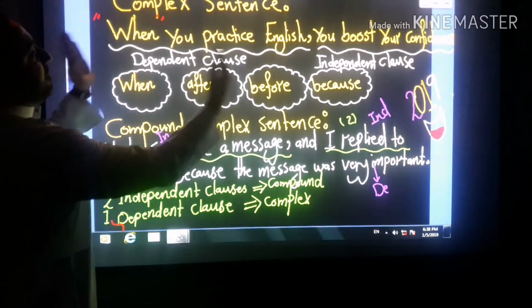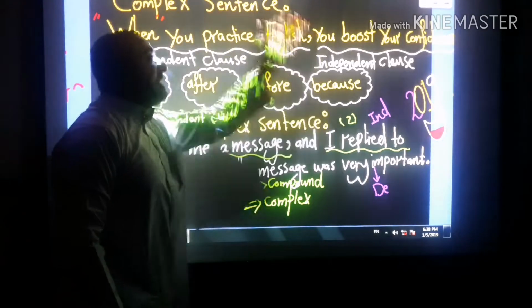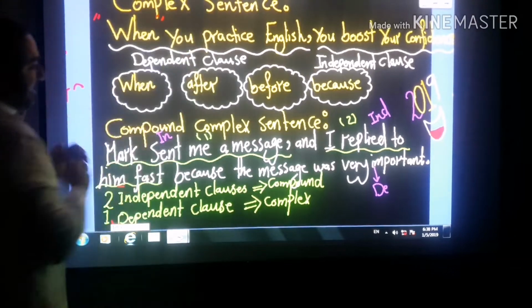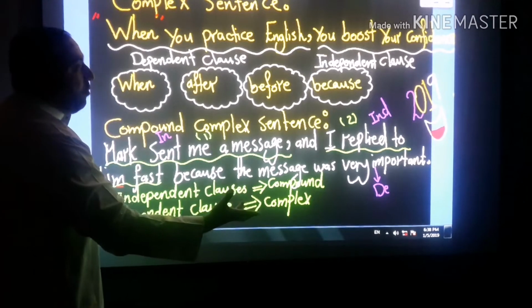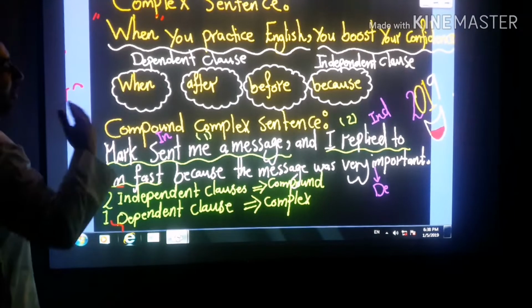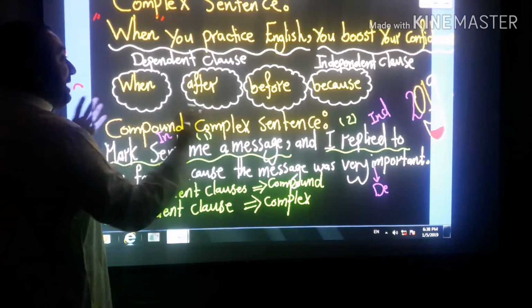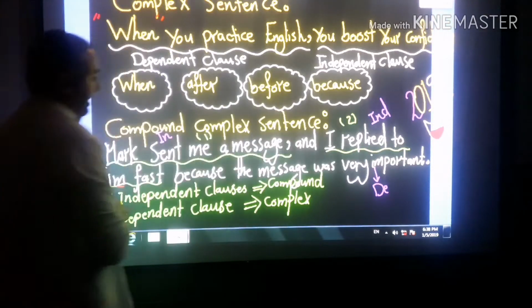When you join the two clauses together, the dependent clause and the independent clause, you form a complex sentence. After I had finished my homework, I went to school, or I went to the gym. Again, we have two thoughts. The first one is dependent and the other one is an independent clause.